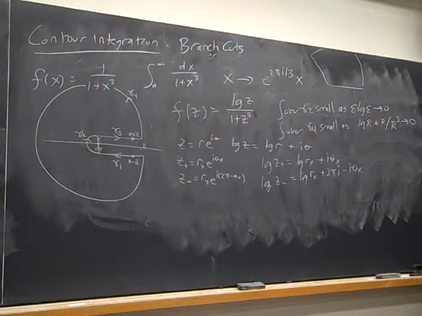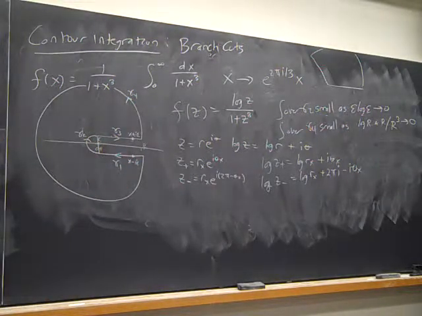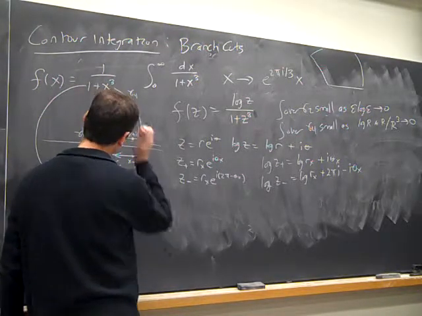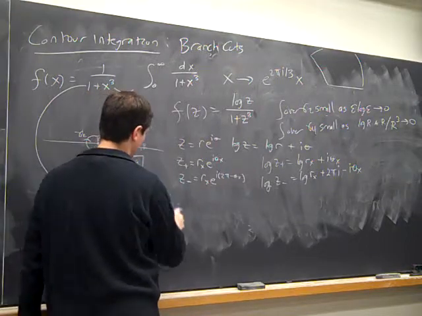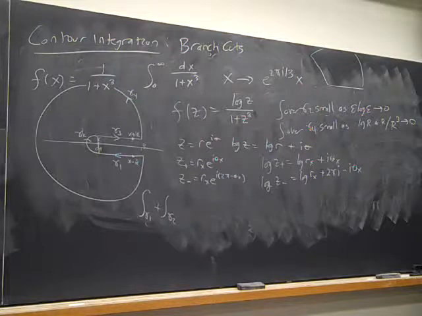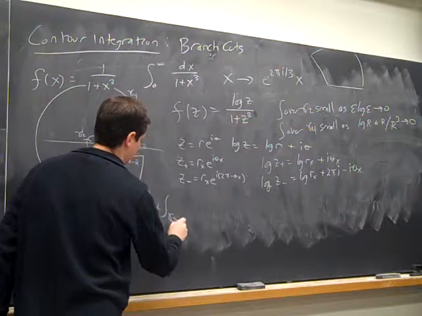Okay? And so what I want to do now is look at the integral from these. If I look at the integral over gamma 1 plus the integral over gamma 2, well, I've got to be careful because of how things are oriented. So gamma 3. Gamma 3, thank you.